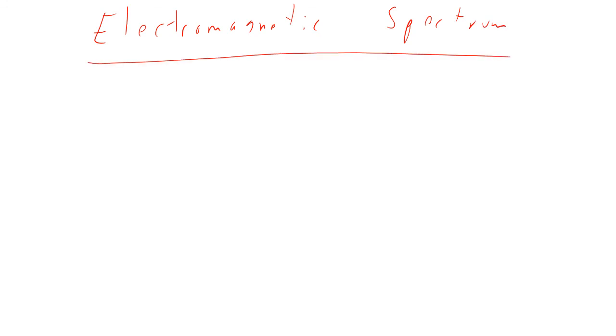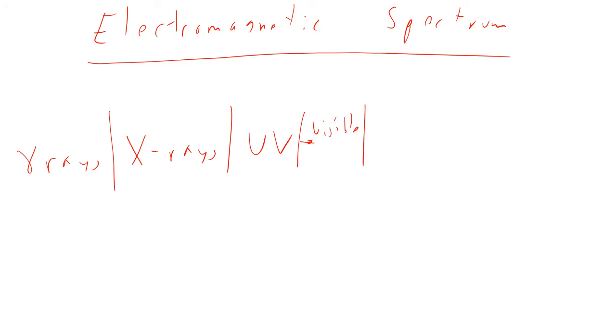But the shortest wavelengths of the electromagnetic spectrum are gamma rays, and then we have X-rays, and then ultraviolet, and then visible, then infrared, and then radio waves. Really short radio waves we often call microwaves. And so that is the electromagnetic spectrum.